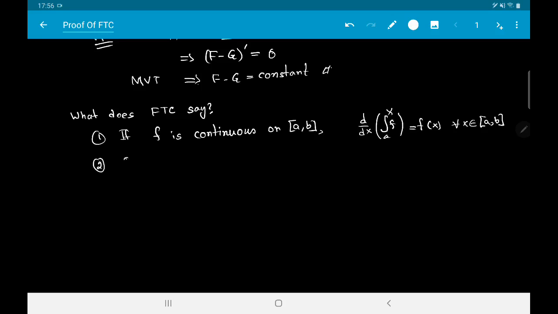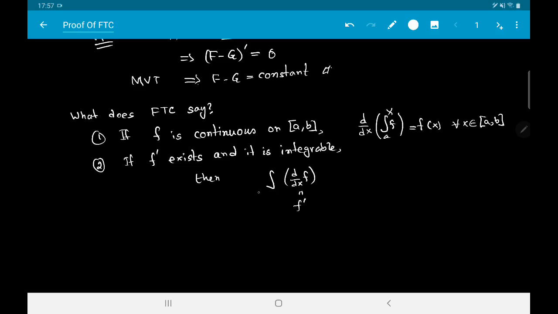Conversely, if f prime exists, and not only that, it is integrable, then what we have seen is we can first take d/dx of f, which is nothing but f prime in our notation, and if we integrate it from a to b, then we get small f(b) minus small f(a).